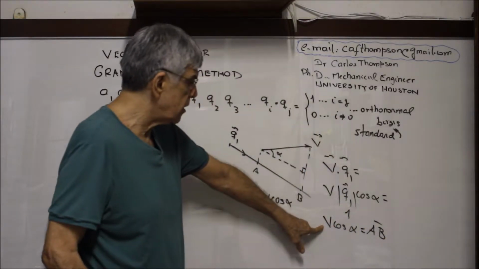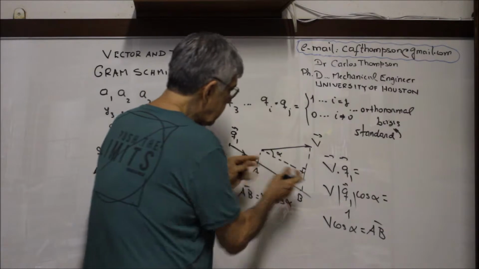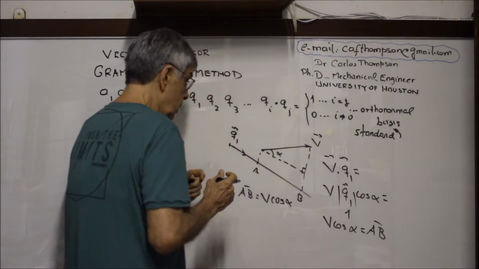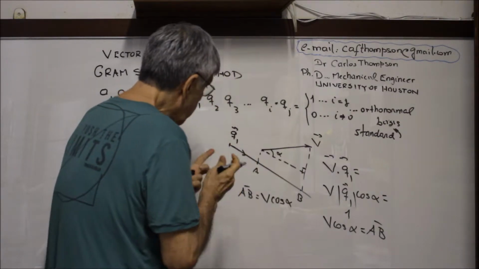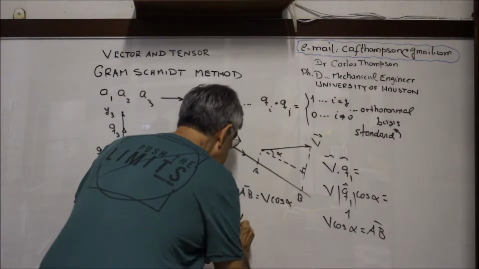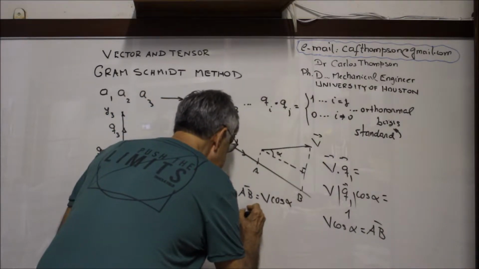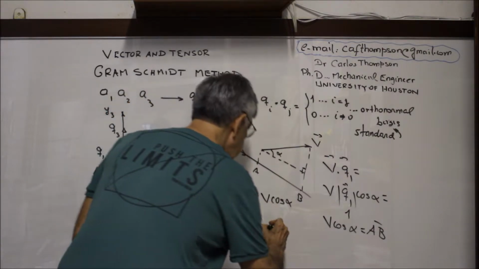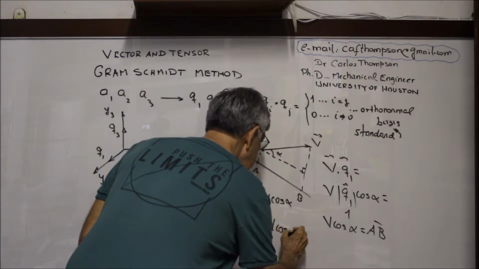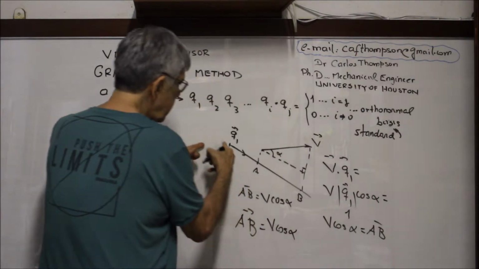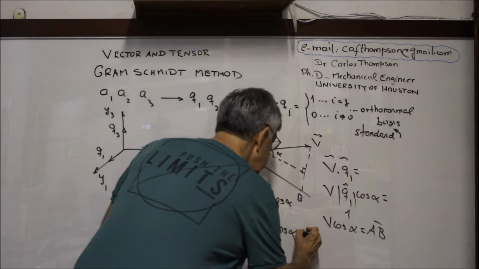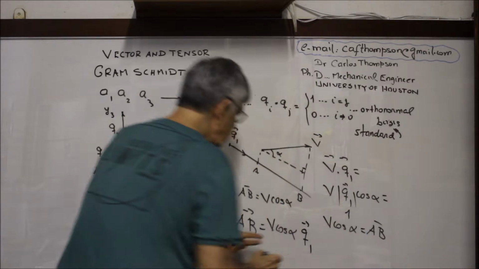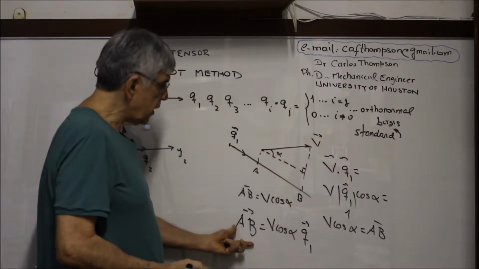You see, this is the scalar of the segment AB. Suppose we want the vector AB, not the scalar. You just take v cosine alpha, and on this straight line you put the unit vector. So there's the vector AB.